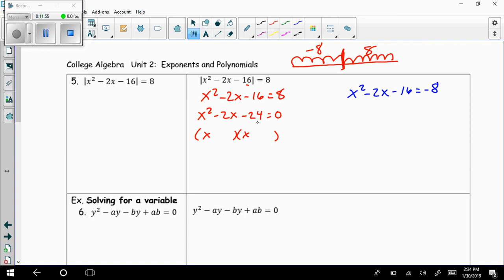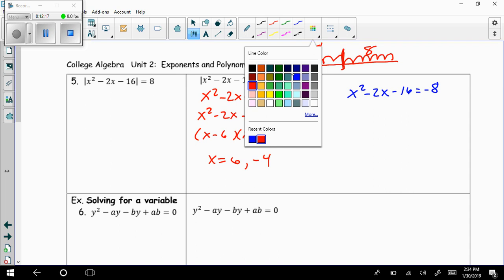There are a lot of factor pairs for 24, right? But we want them 2 apart. So we have 4 and 6. The 4 and 6 are only 2 apart, right? So minus 6 plus 4. So x equals 6 and x equals negative 4. So we get 2 answers over there.